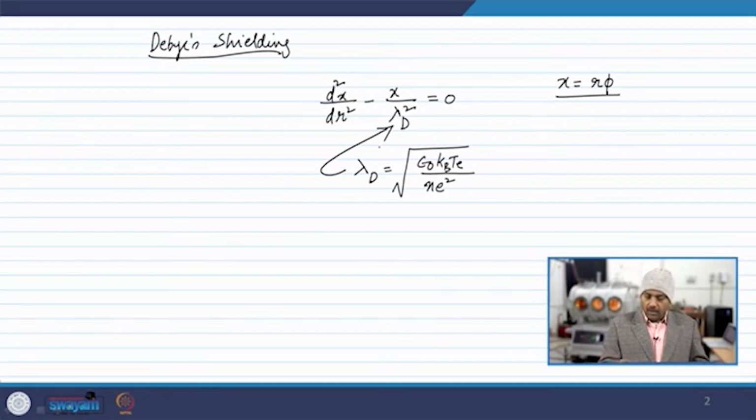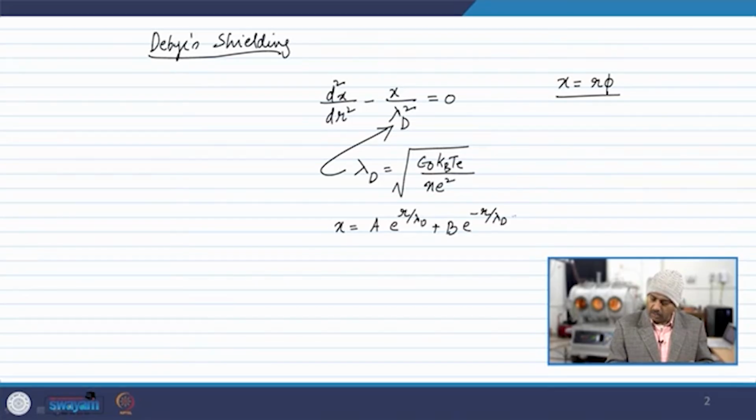Right. Now, once we have a differential equation, what we do is we take solutions which are acceptable for this differential equation, and upon substitution of these solutions, the differential equation will be 0 or it will be valid. Okay. So, let us say I take one such solution, an exponential solution, where x is equal to a e to the power of r by lambda d plus b e to the power of minus r by lambda d, because x is the dependent variable here.